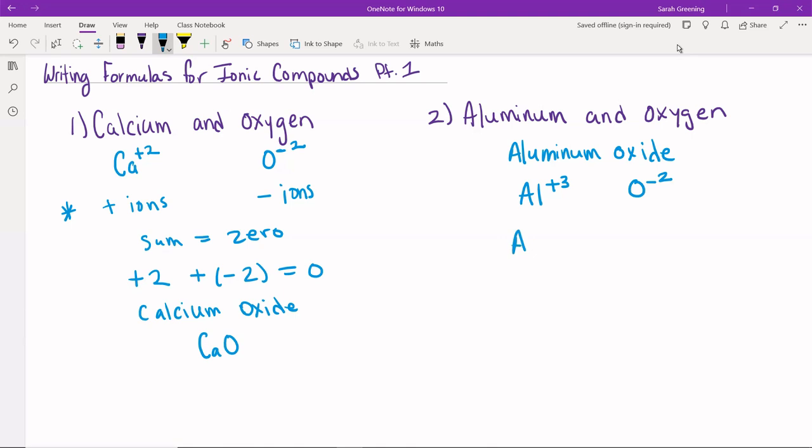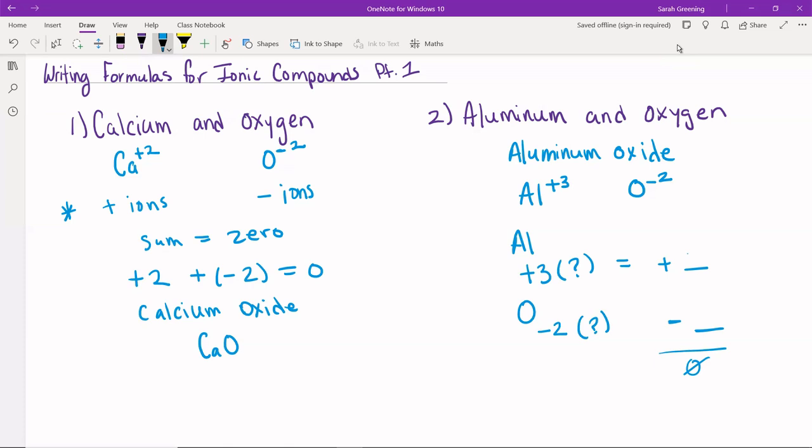We have aluminum, which has a +3 charge. And how many aluminum atoms will I need in order to equal a positive charge the same as oxygen? For oxygen, we have a -2 charge. How many oxygen atoms will we need so that when we combine the positive and the negative, they will equal 0?